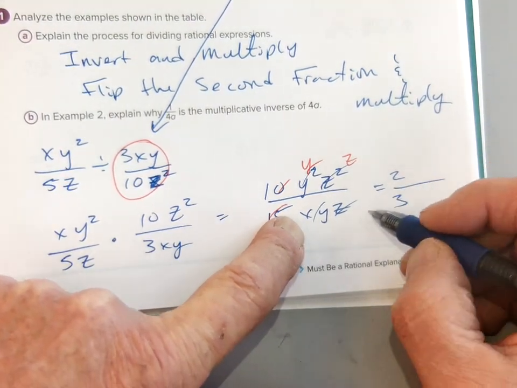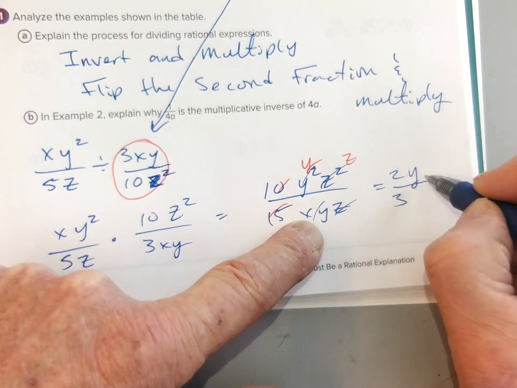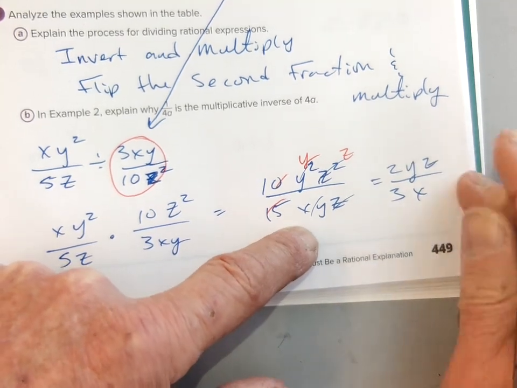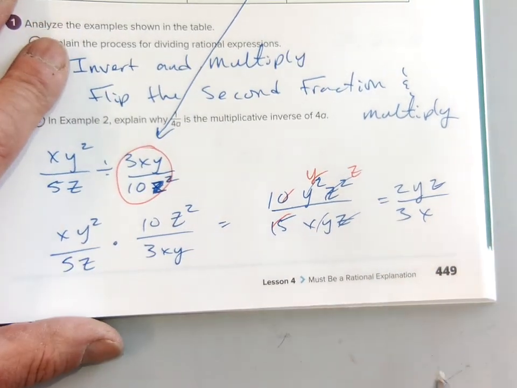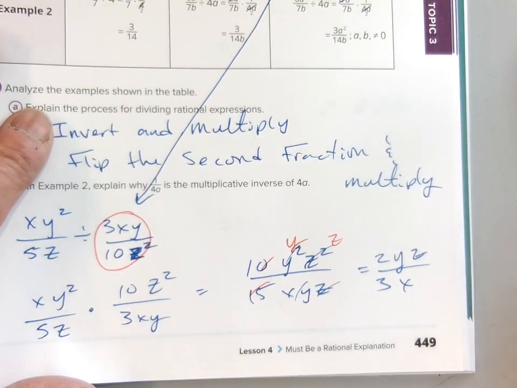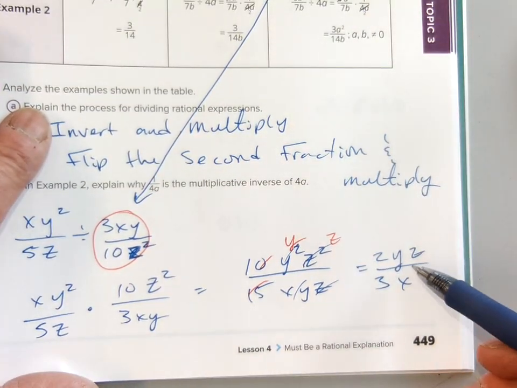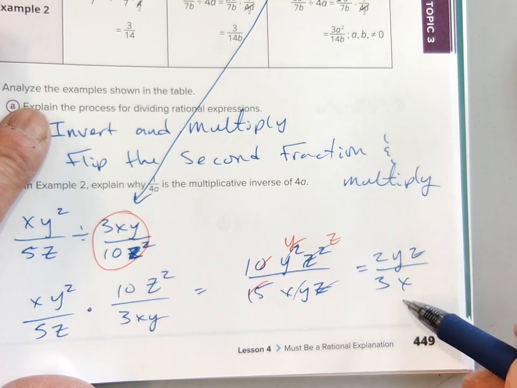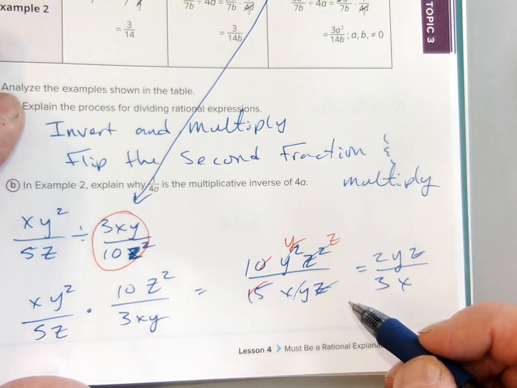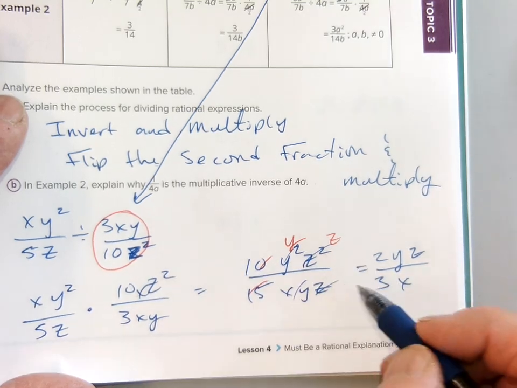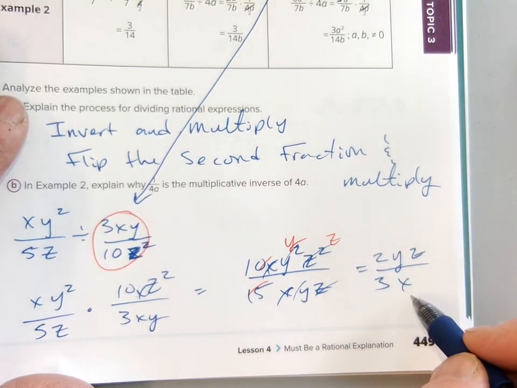Let's see, I'd have a y, z over an x. And I believe, oh, must have made a mistake somewhere because they got a different answer. 2yz. No, I got it right. Oh, I must have forgot to cancel the x's. There must be an x somewhere. There's my x. I forgot to write it down. Cancel the x with the x. Okay, there you go. No x.